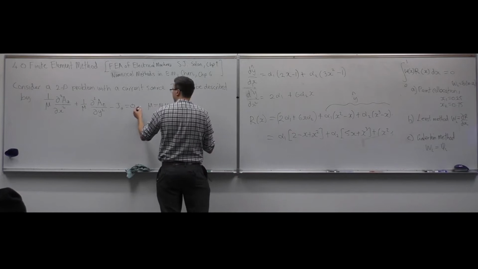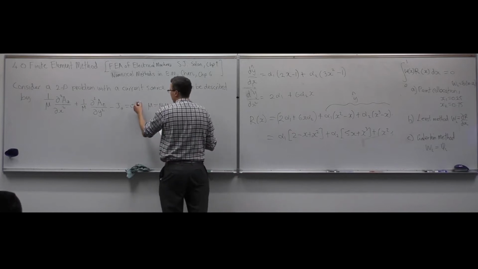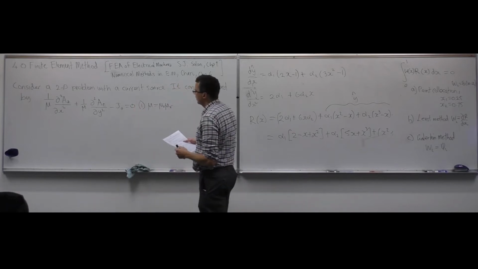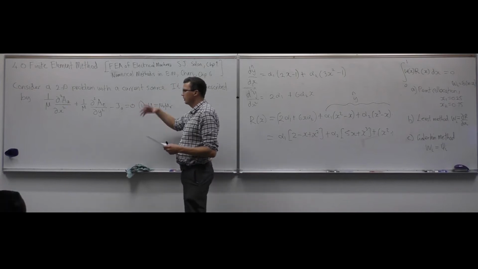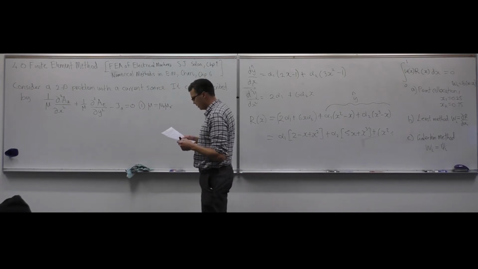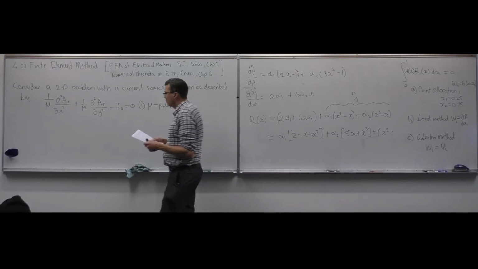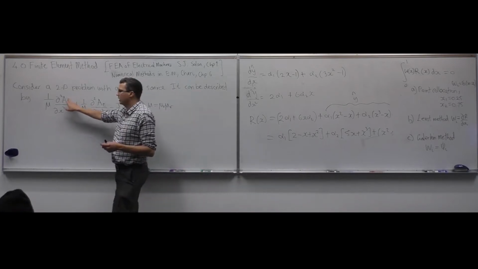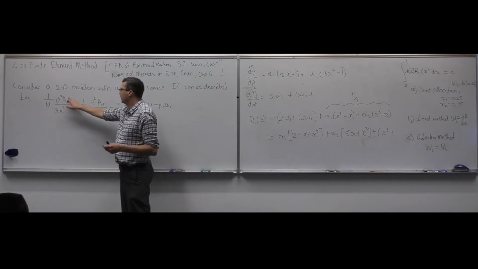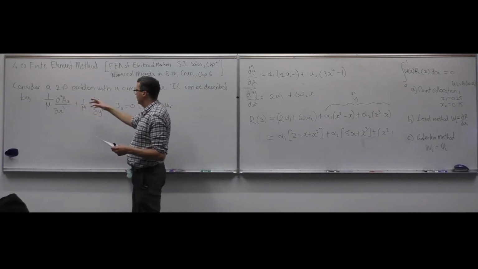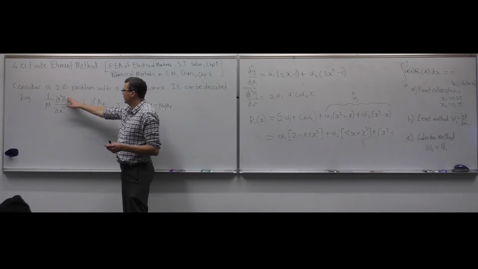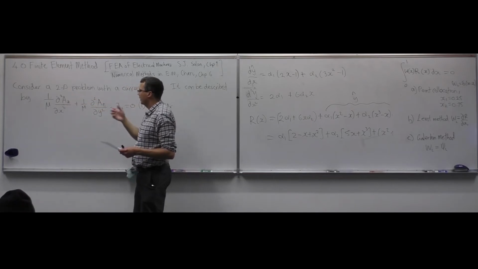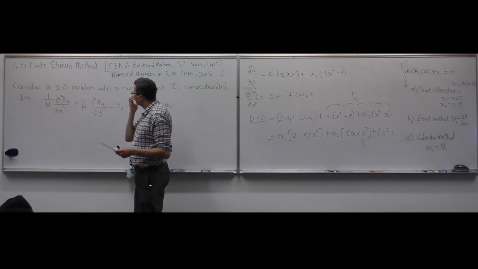So this is equation 1. We want to solve this problem over a certain spatial region in 2 dimensions. And remember that the advantage of using the magnetic vector potential is that we only need to solve one term in 2D, and then we can take the derivatives of Az with respect to x and y, and that will give us the By and the Bx.